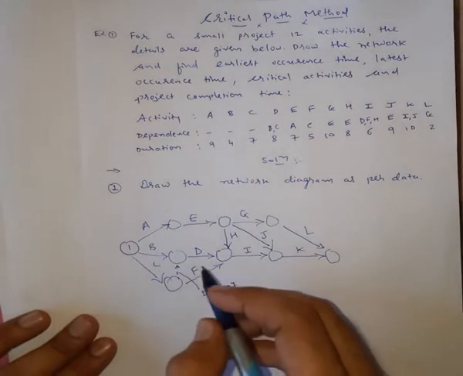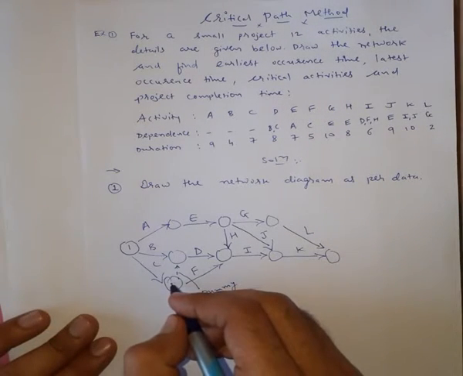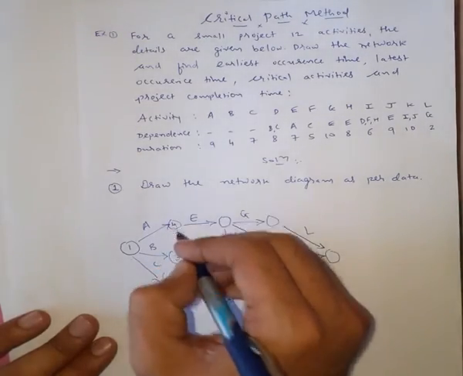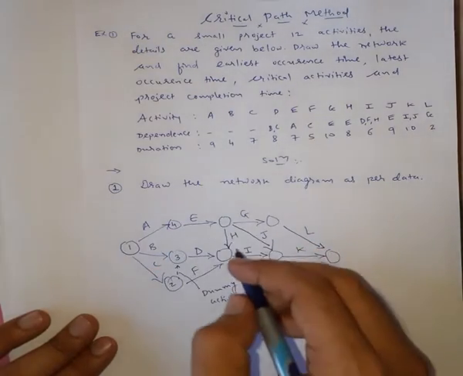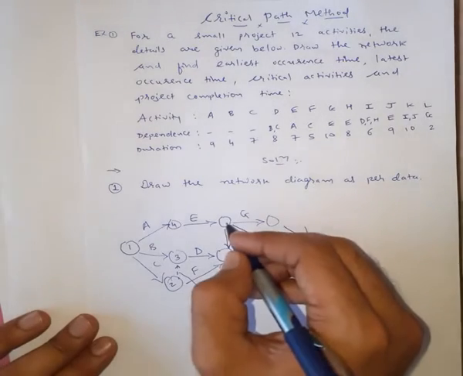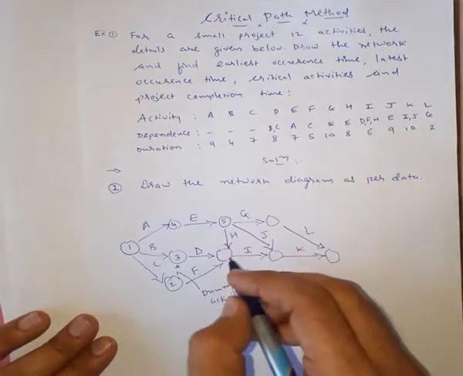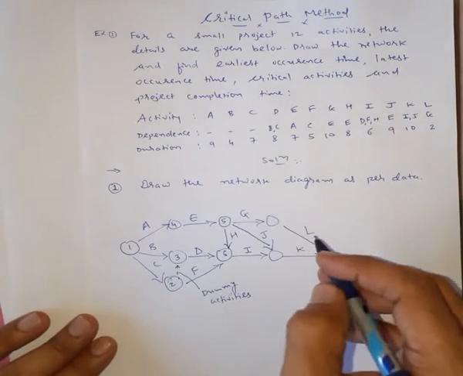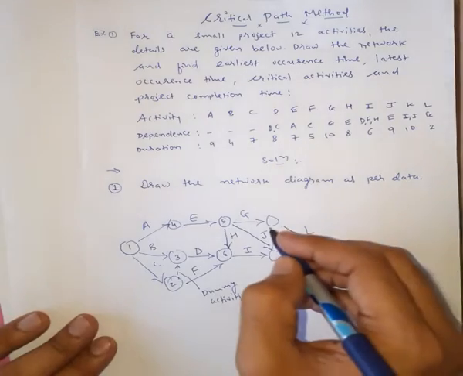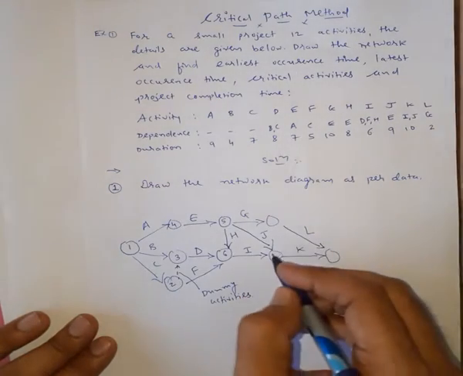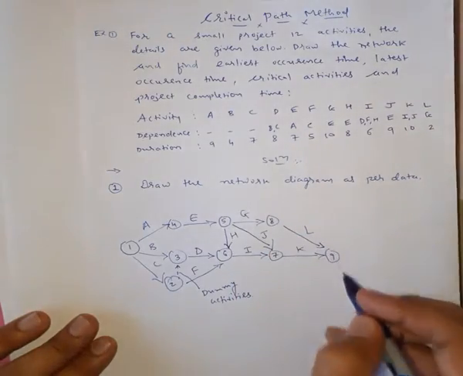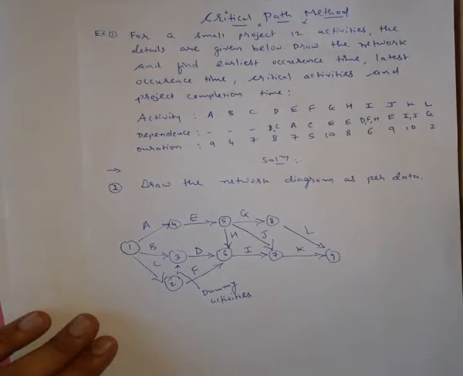Okay, 1, 2, 3, 4, 5, 6, 7, 8 and 9. So this is how the nodes are numbered.